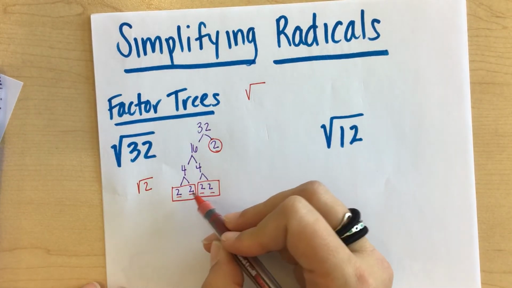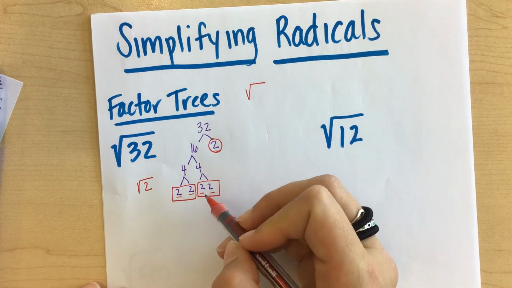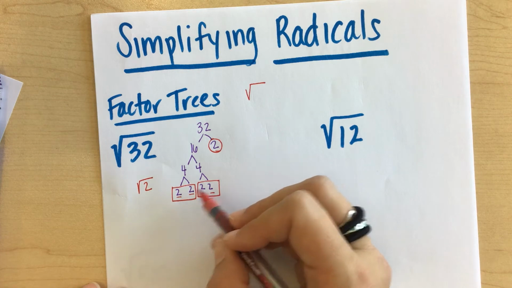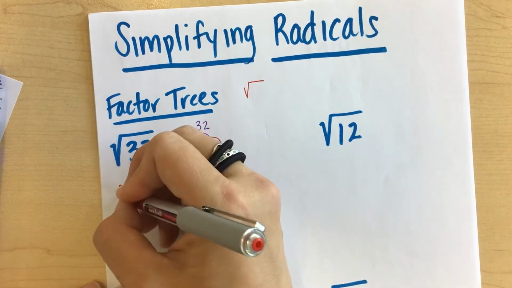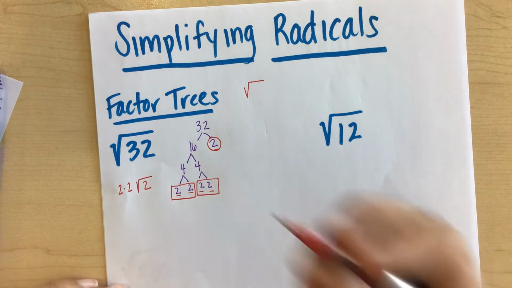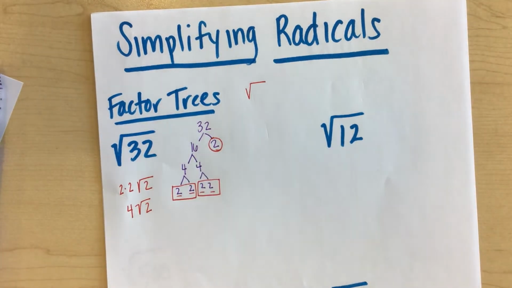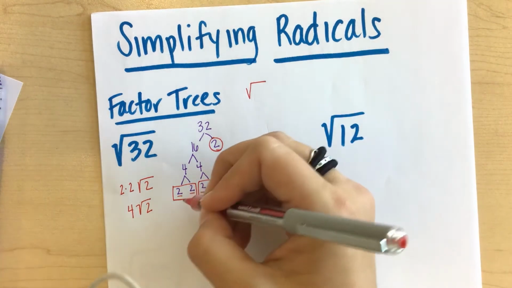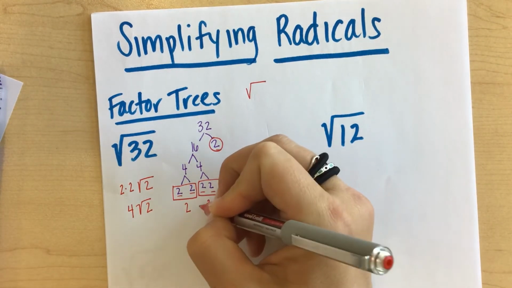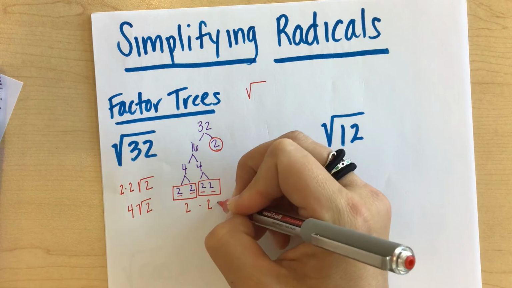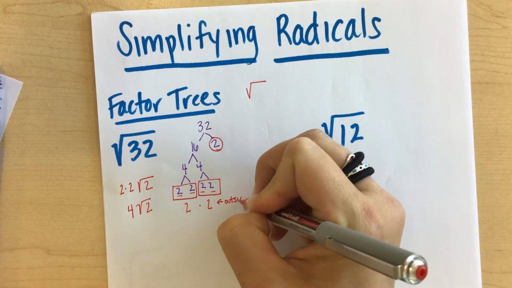Now, we have pairs. Now, we don't need the pairs. We just need what number the pairs are. So we have 2 and 2, and we always multiply. So 2 times 2 gives me 4, radical 2. Okay, so again, I had a pair of 2's here and a pair of 2's here, so I multiplied those together, and this went on the outside because we had pairs.